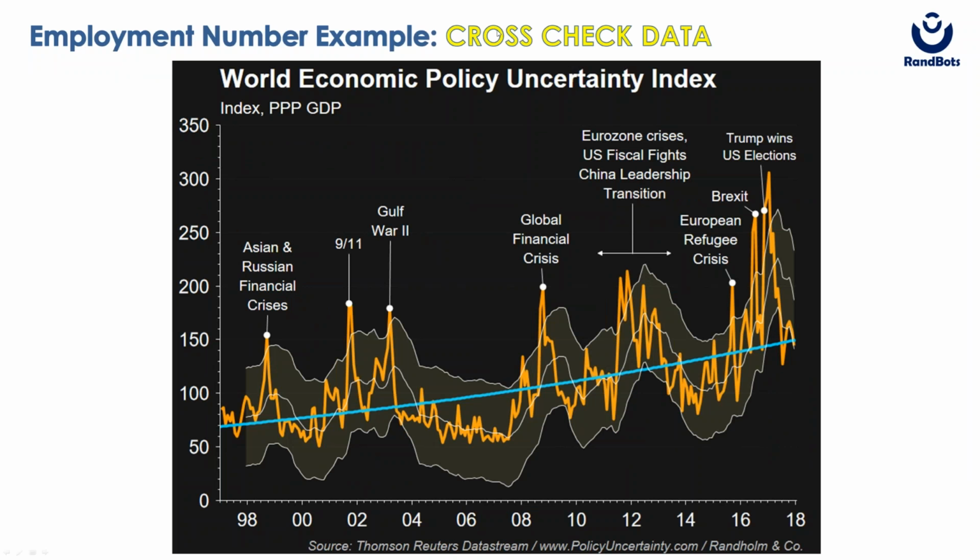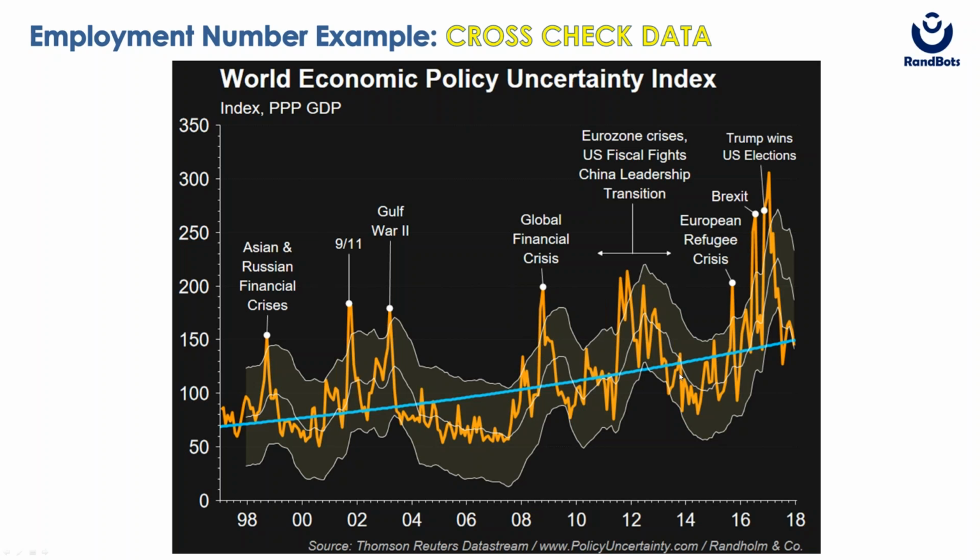If we cross-check this data, right, we can analyze in even more detail an entry or an exit. Here we have the World Economic Policy Uncertainty Index. This is a simple Bollinger Band on the index, and every time that we traded higher than the top of the band, we quickly reverse, of course, on a quarterly basis, right?